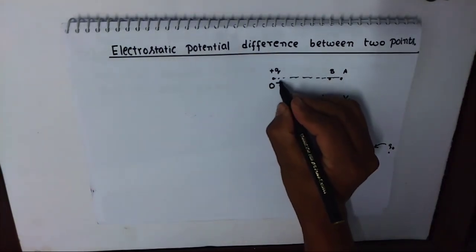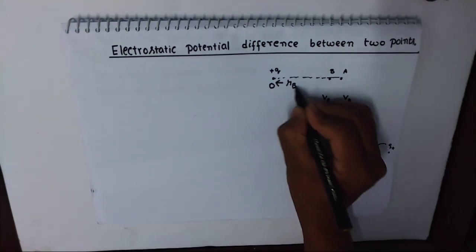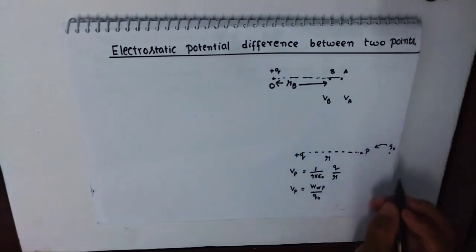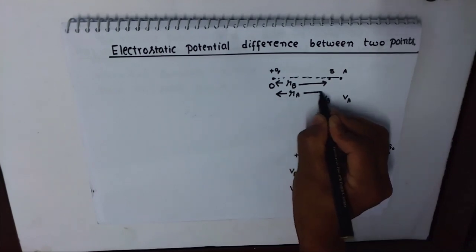Also, let the distance of a point B from O be Rb, and the distance of a point A from O, it is Ra.